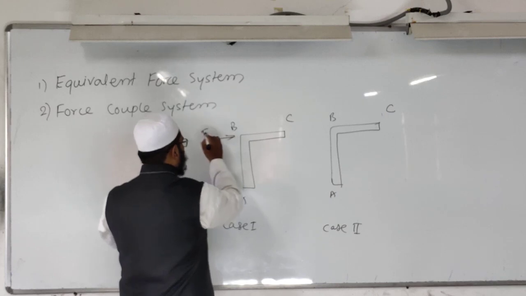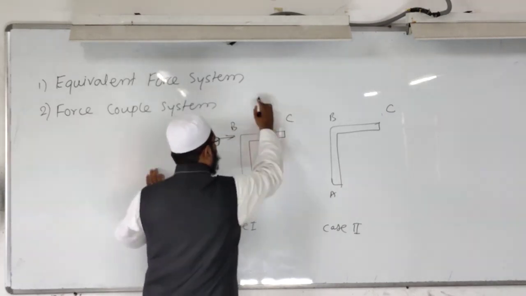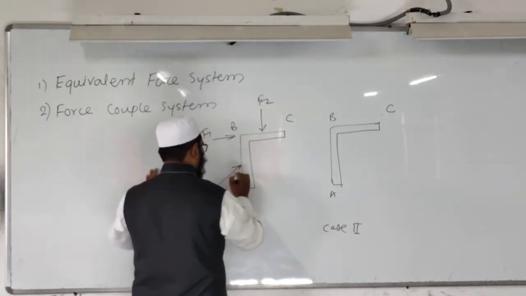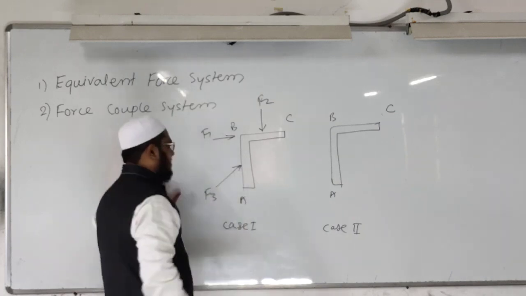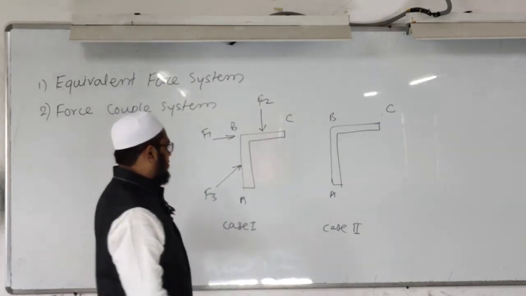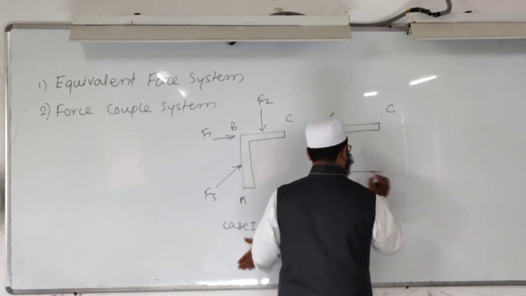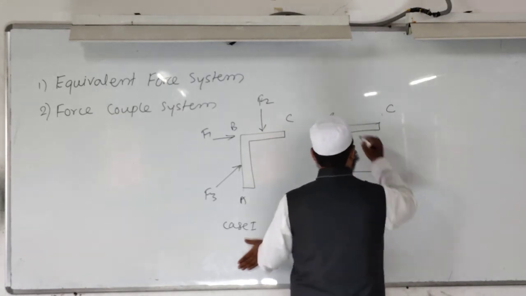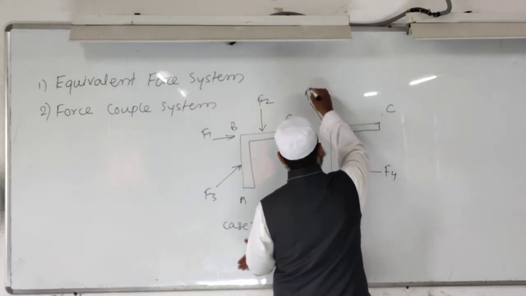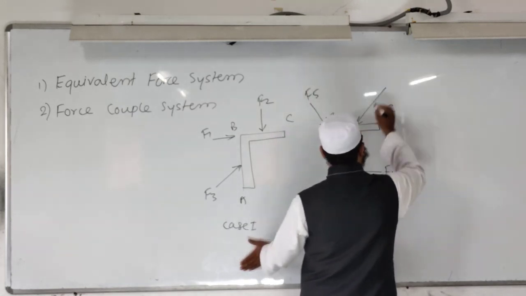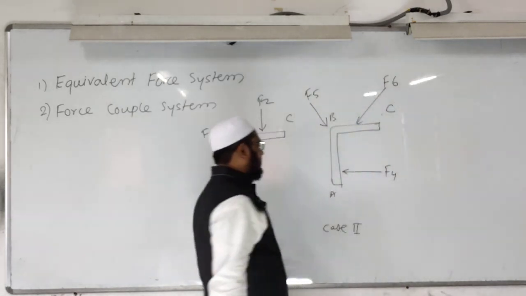Assume that forces F1, F2, F3 are acting on the bracket in the first case. In the second case, forces F4, F5, F6 are acting.